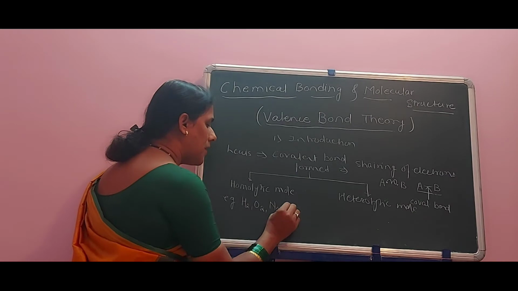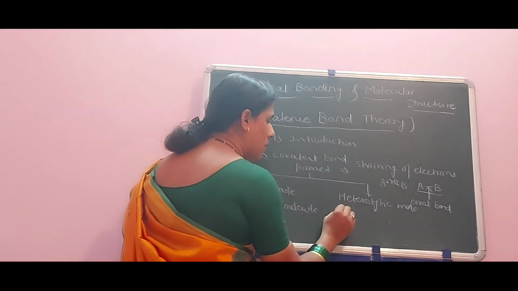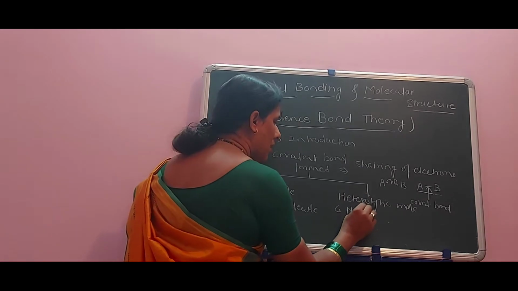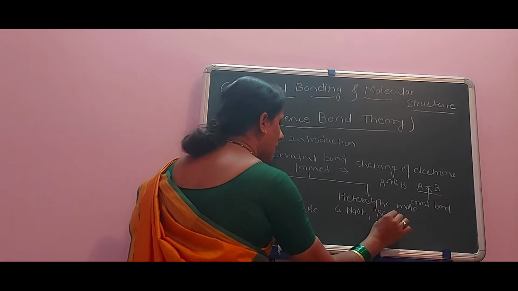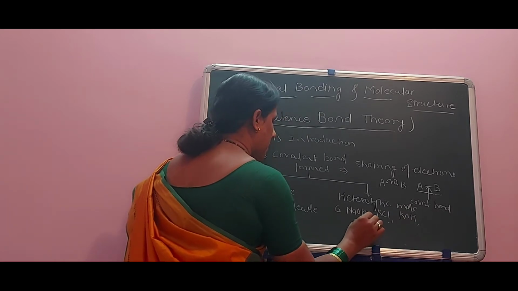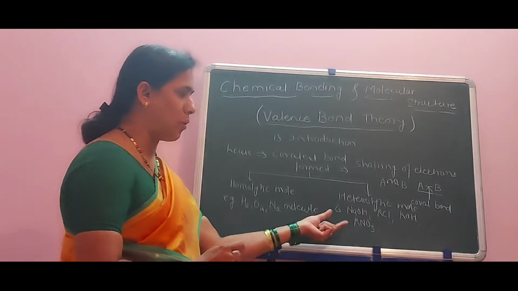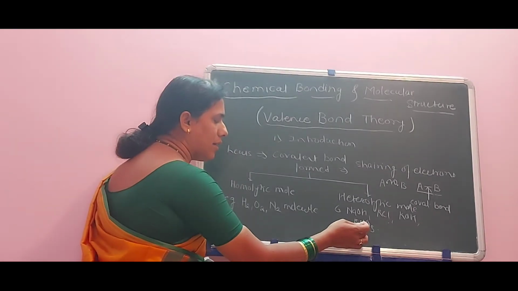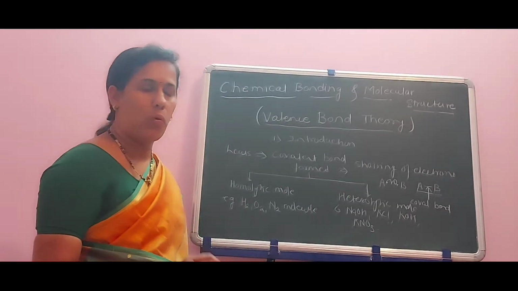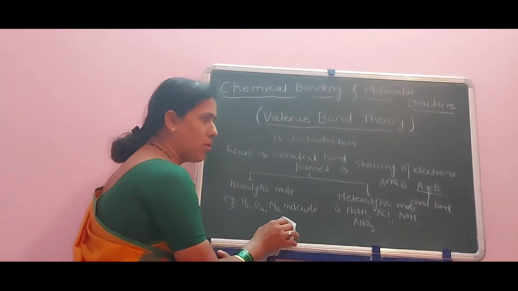And heterolytic molecules are which? For example NaOH, KCl, KOH, KNO3 compounds. They are called heterolytic, that is, the two atoms of an element are different ones.